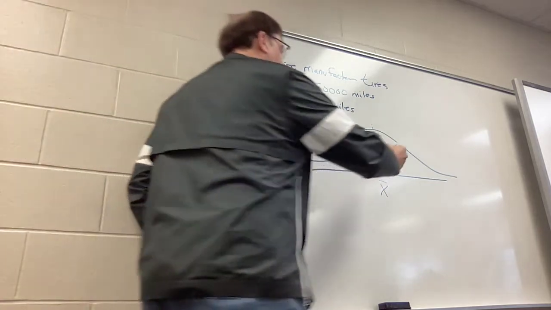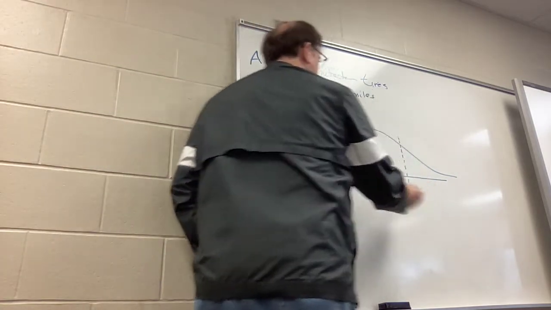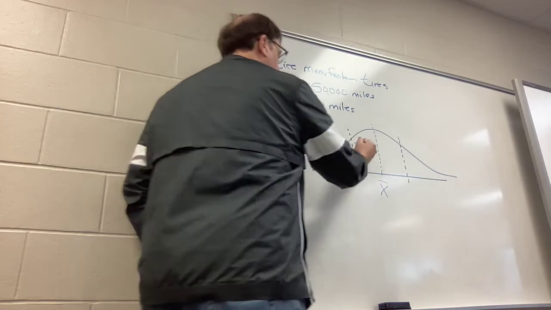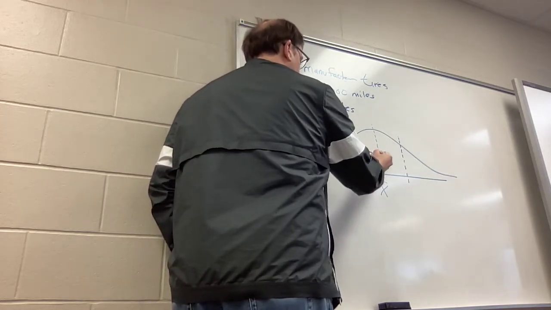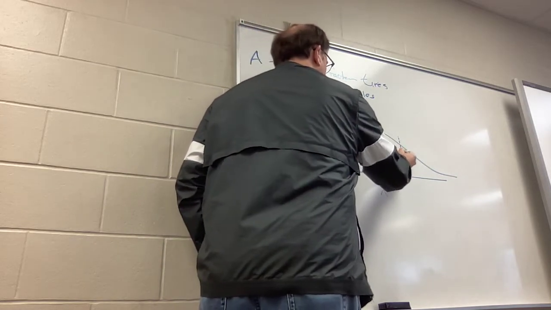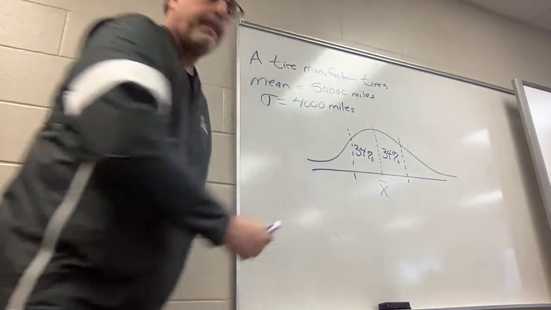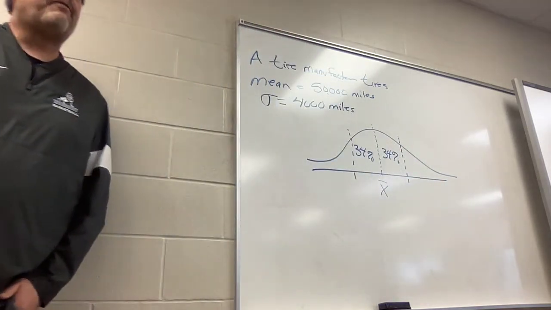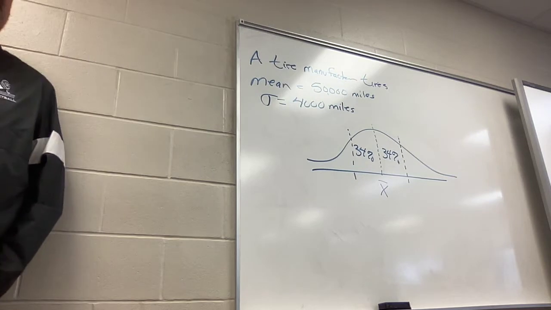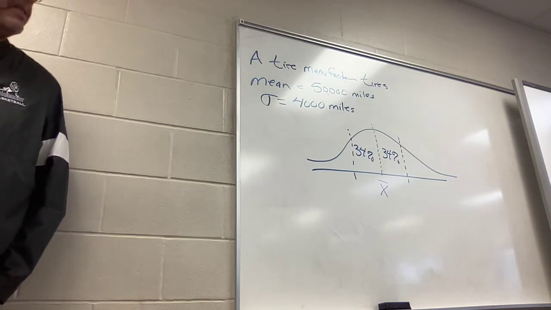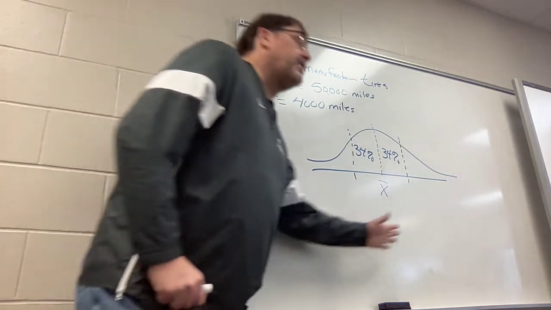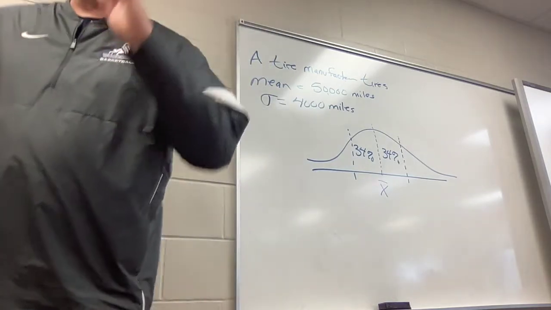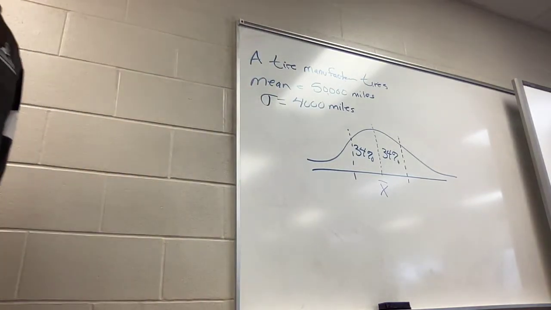So if you'd please leave a little room and draw a dotted line here, and if you would put 34% in here and 34% in here. Those 34% will not change. They will not change. The numbers we eventually put on the bottom, those numbers will change every problem.